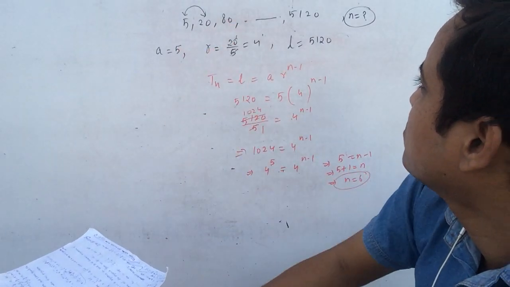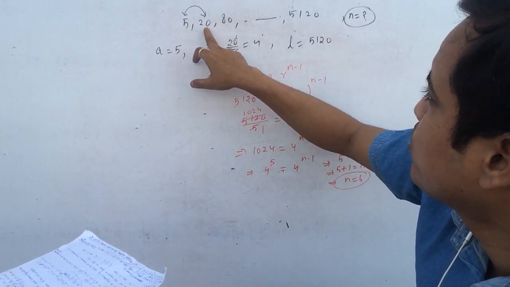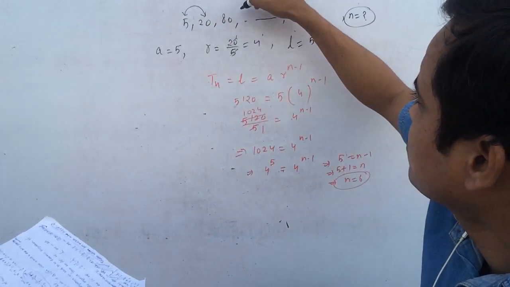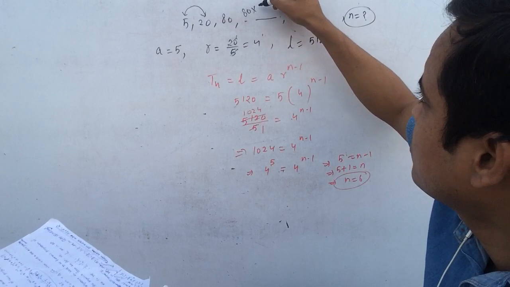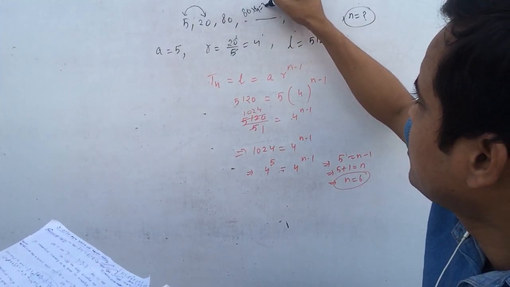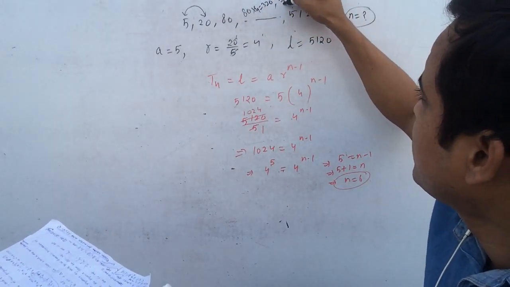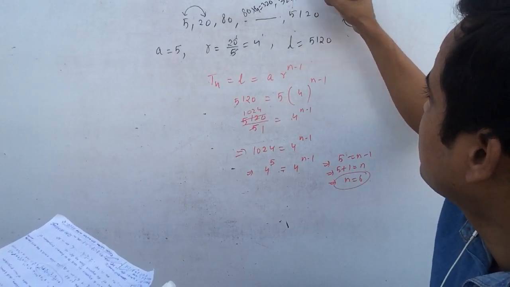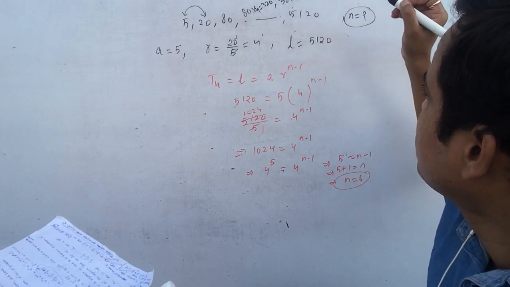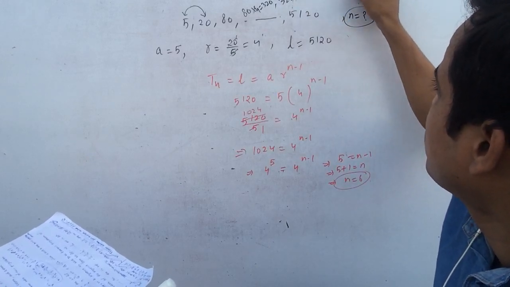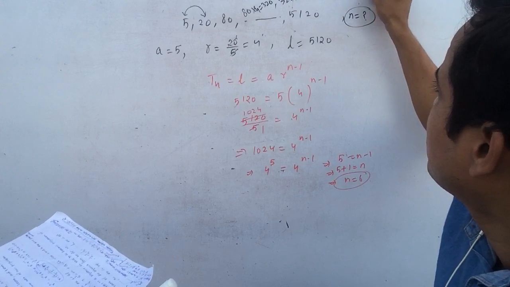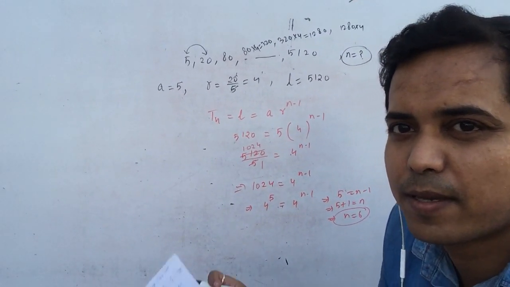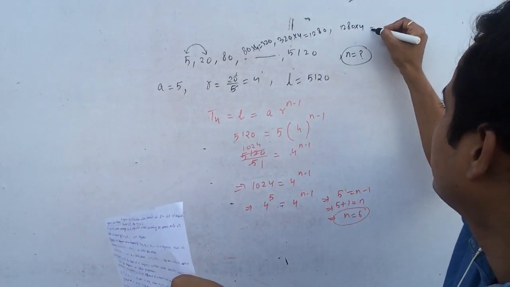5 times 4 is 20, then 20 times 4 is 80. So how would it be 6? Only 6 terms. 80 times 4 is 320. 320 times 4 is 1280, and 1280 times 4 is 5120.